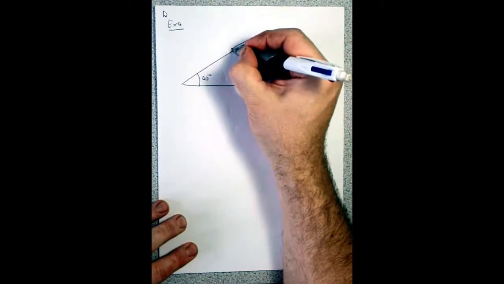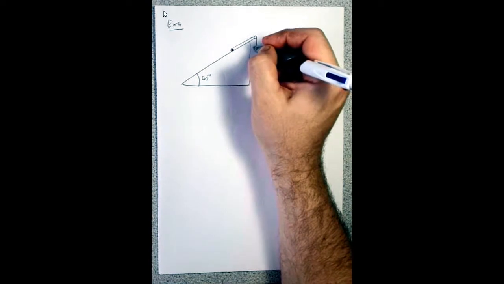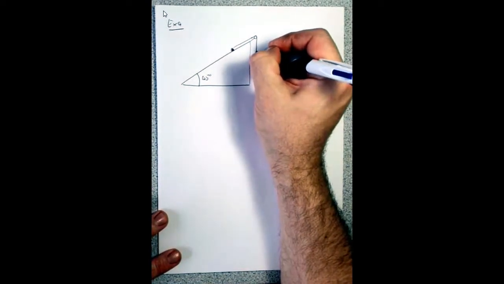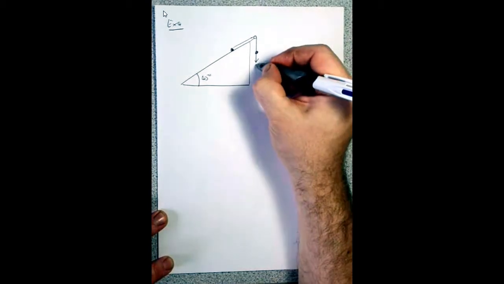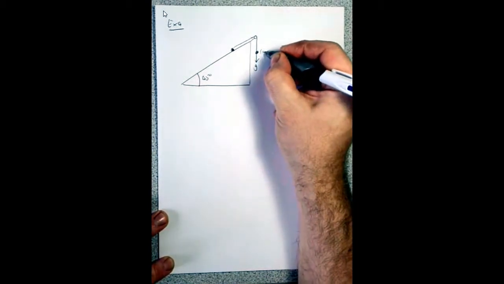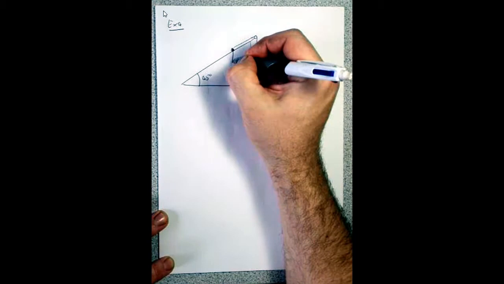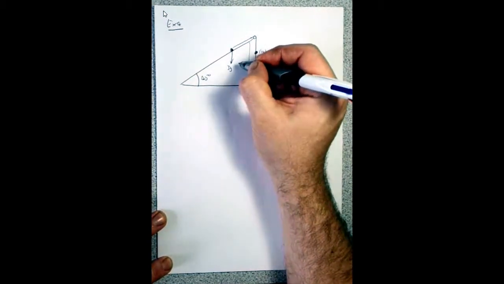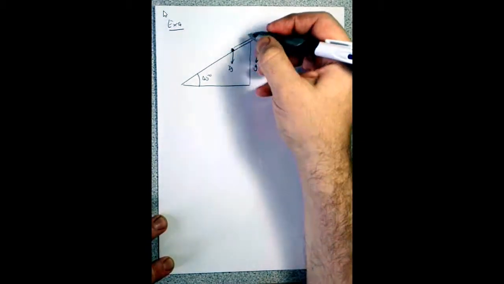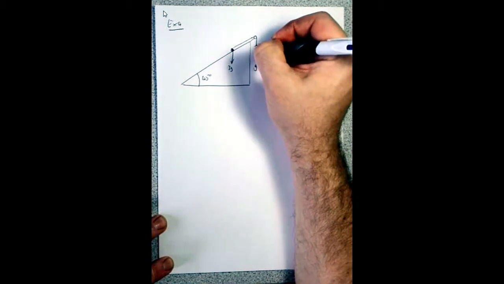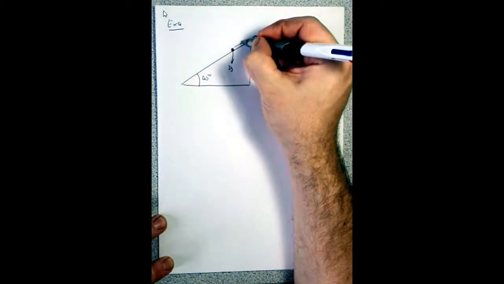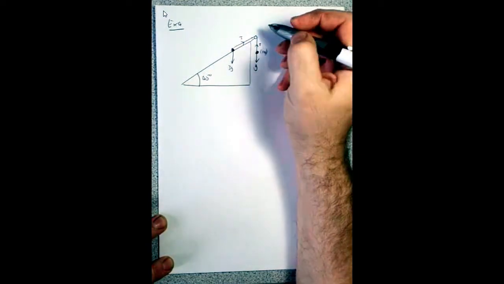That's 3 kilograms. What about the mass at the other end? This is 1 kilogram. So I know that this weight is going to be G because it's 1 kilogram. The weight of this will be 3G because it's 3 kilograms. I've got a tension in the string because it must be opposing the weight, and the same tension there.